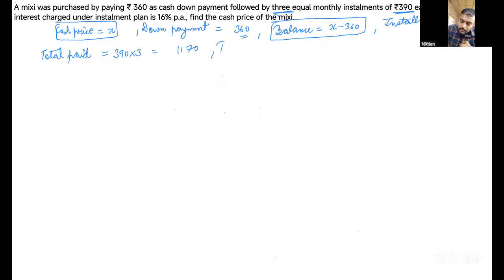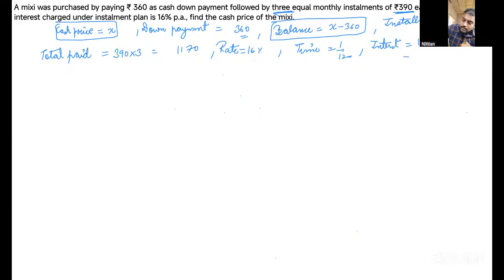Rate is given as 16%, and we have to find the cash price. What is the time? I told you time is always 1 by 12. Now we have to find the principal. Interest. So what is interest? The interest formula is: total installment he paid, 1170, minus the balance, which is x minus 360.